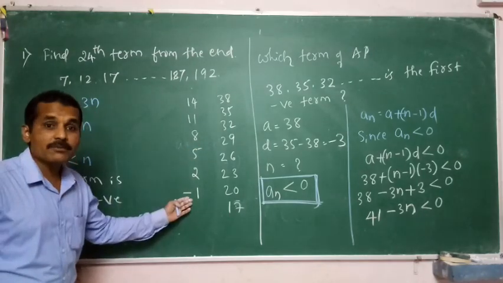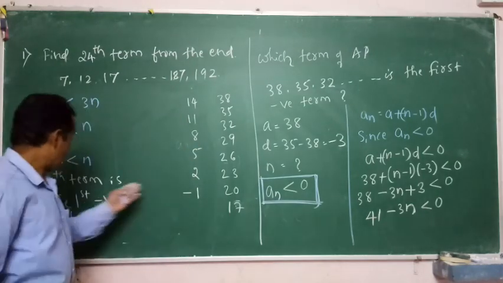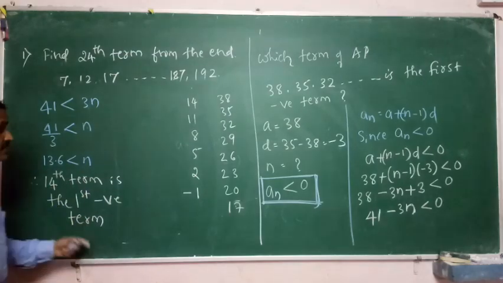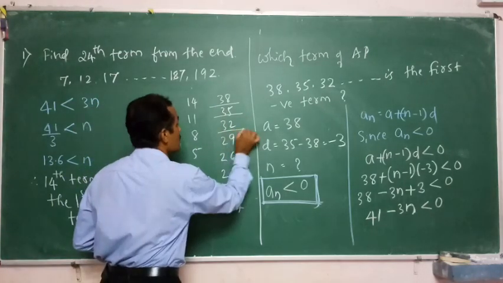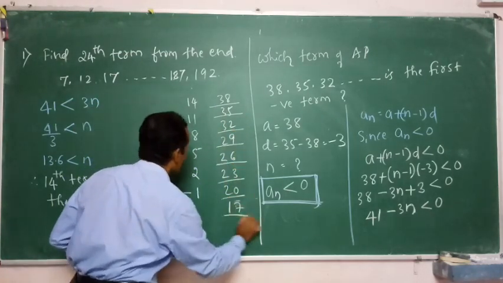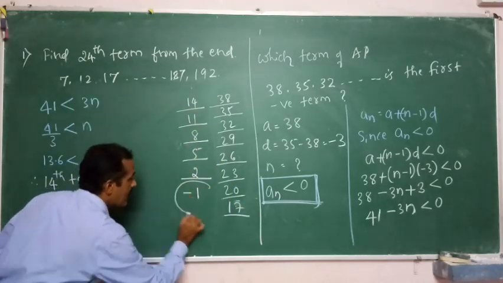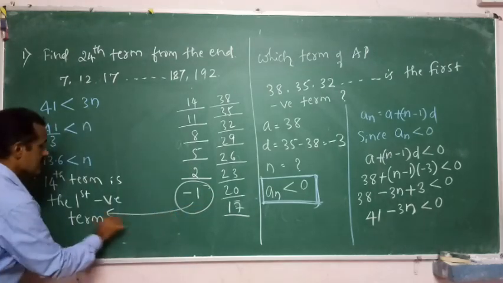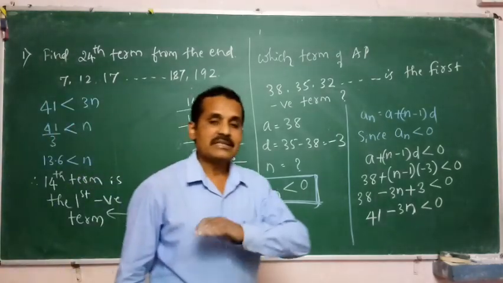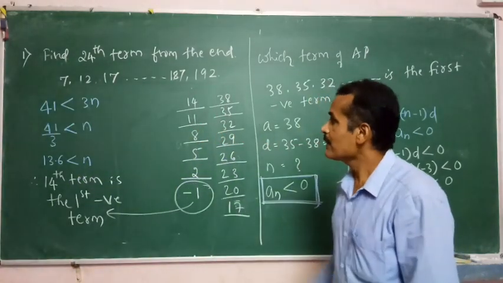This is the first negative number, but in which place? 1, 2, 3, 4, 5, 6, 7, 8, 9, 10, 11, 12, 13, and the 14th term is the first negative term. That is the end of the problem.